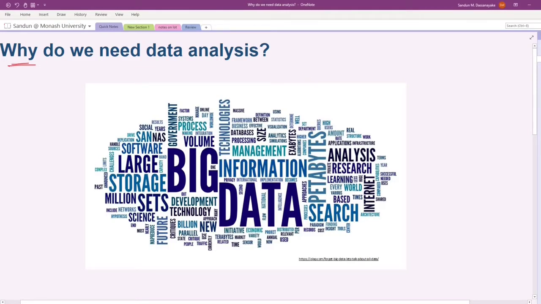Data analysis is needed when you have large volumes of data, usually termed big data. Because of improvements and advancements in information technology, we are getting large amounts of data every day, usually measured in petabytes. That's how large it is.